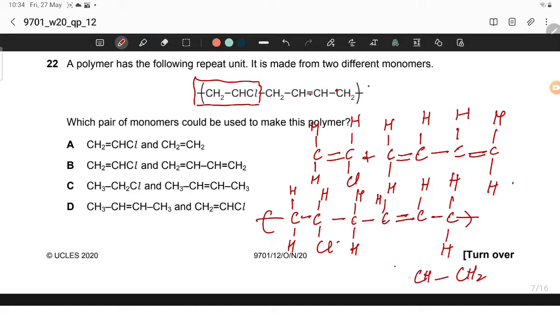This is CH, double bond CH. CH2. CHCl and CH2.